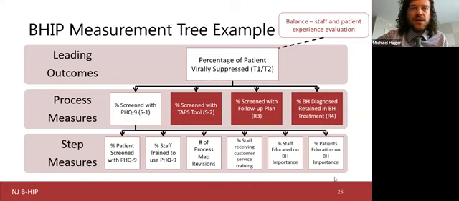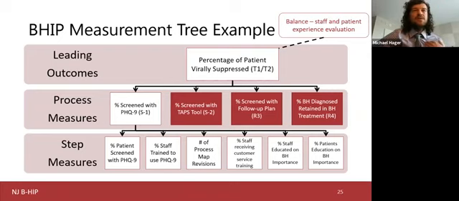So we have screening with PHQ-9, we have screening with the TAPS tool, we have % screen with follow-up, and % diagnose. As I promised you, no lies, these are our process measures. And when you look at the process measures and the outcome measure, that's all 6 of our measures, just as Adam promised. So for the sake of argument, let's look at what's happening if we were to do the % screen with PHQ-9.